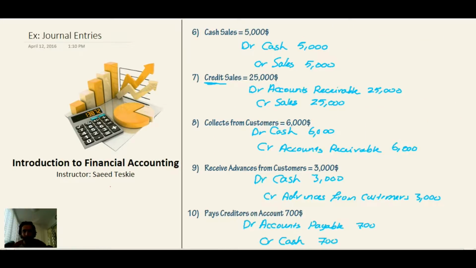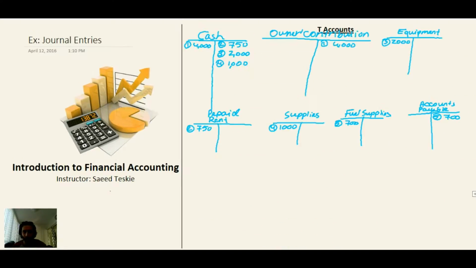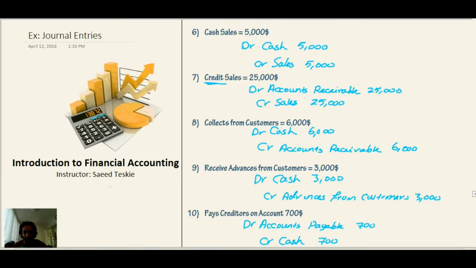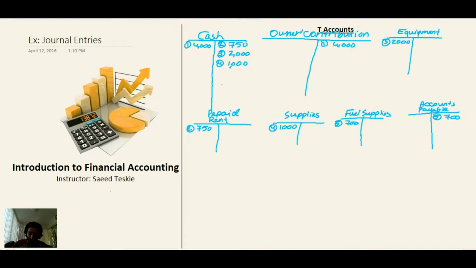Next we have cash sales for 5,000. So we will debit cash and credit sales for 5,000. Transaction number 6, 5,000 cash sales. Number 6. Okay.